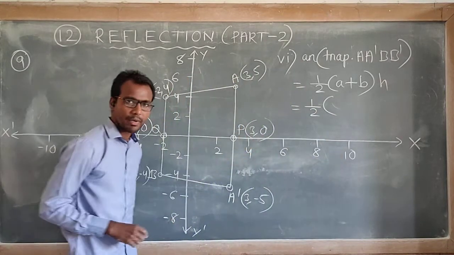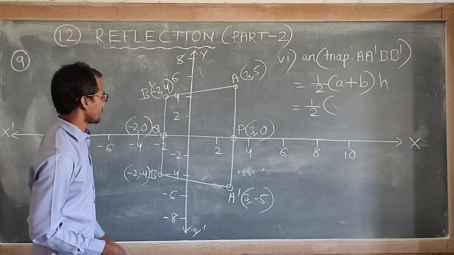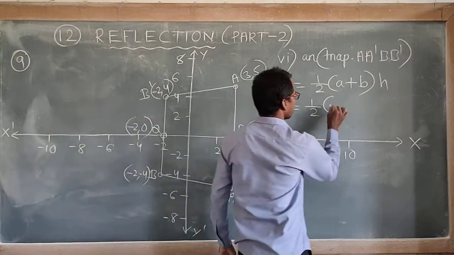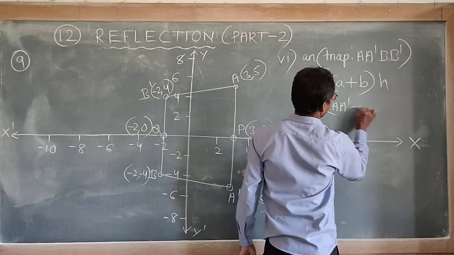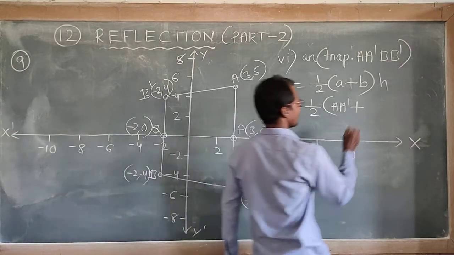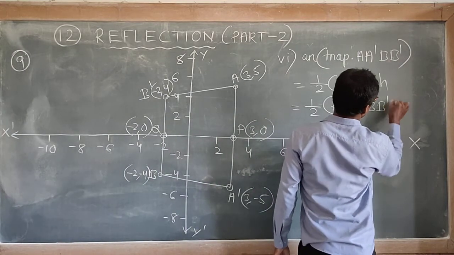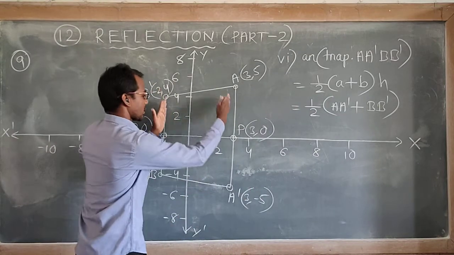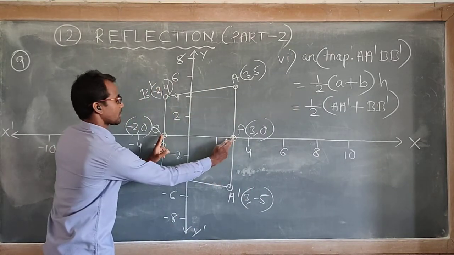Now which are the parallel sides? You can see A dash is one parallel side, B dash is another parallel side. And h means distance between the parallel sides. What is the distance between these two parallel sides? PQ.